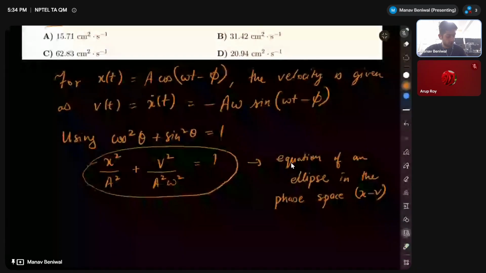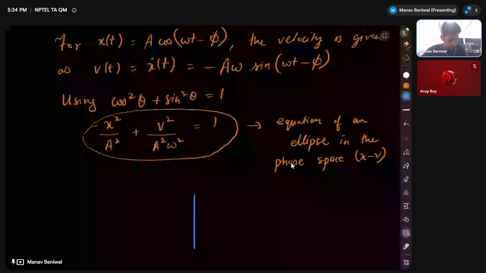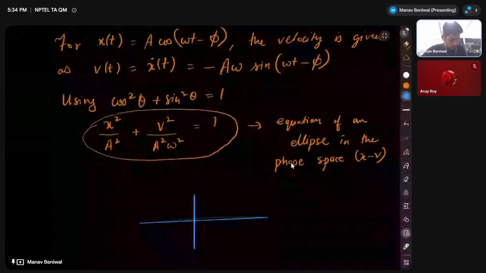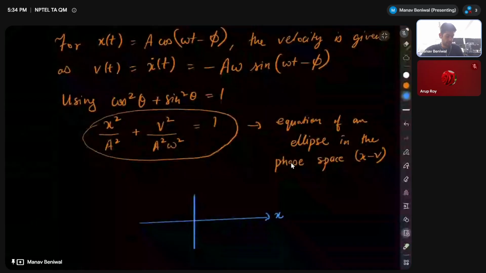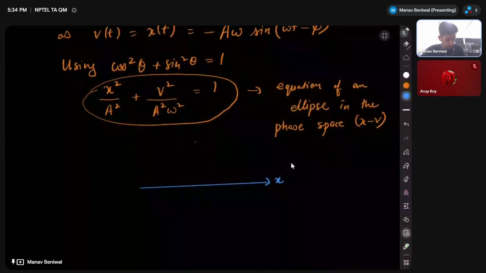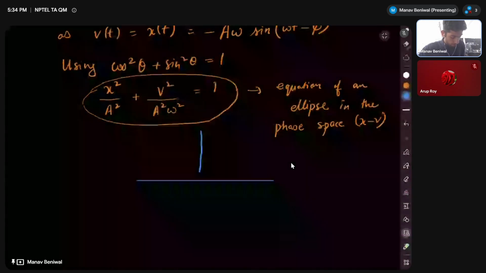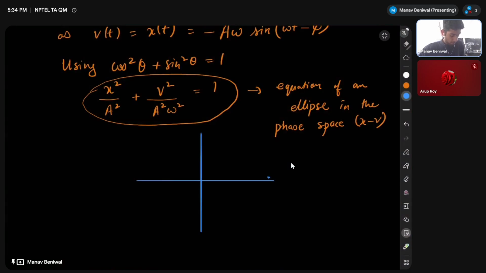So if I have this as my x-axis and this as my velocity axis, and I now draw an ellipse, okay, so this is an ellipse.